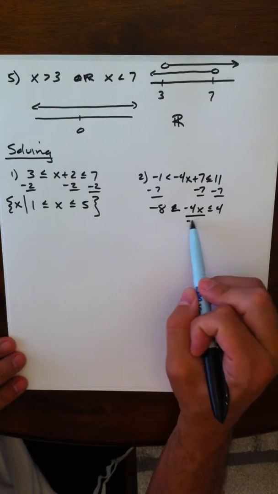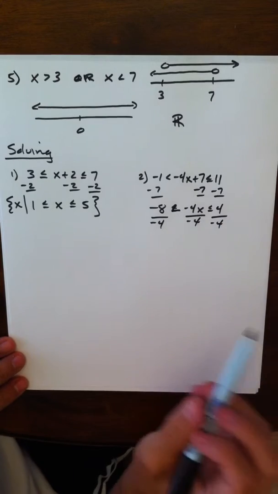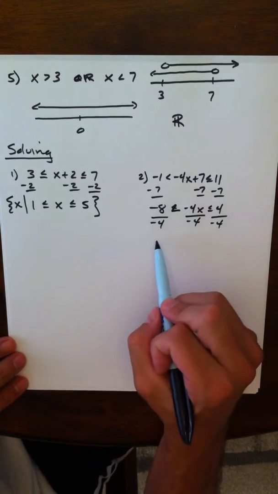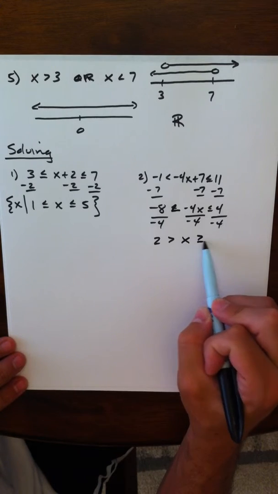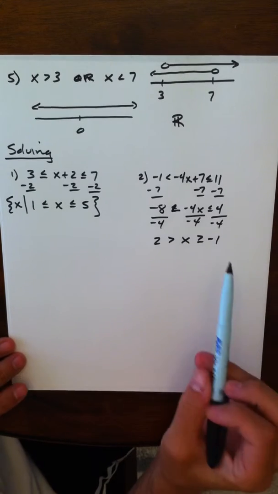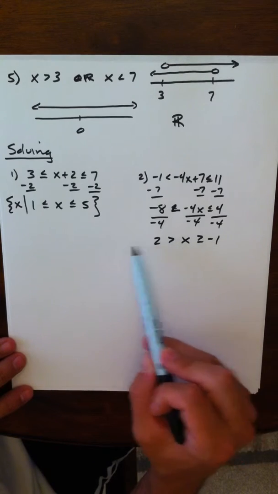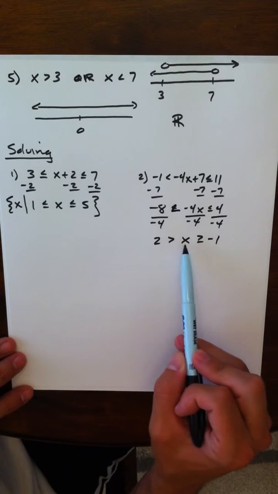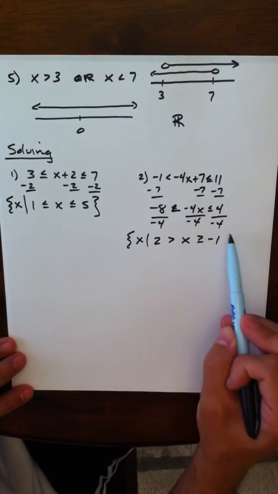And now I got to divide by negative 4. Now don't forget, our dividing by a negative rule still applies. So when I divide, I get 2. I'm going to flip my sign. Flip this sign also. So I'm looking for all the numbers that are bigger than or equal to negative 1, or if we go this way, I guess, x is less than 2 and greater than or equal to 1. Put in solution sets.